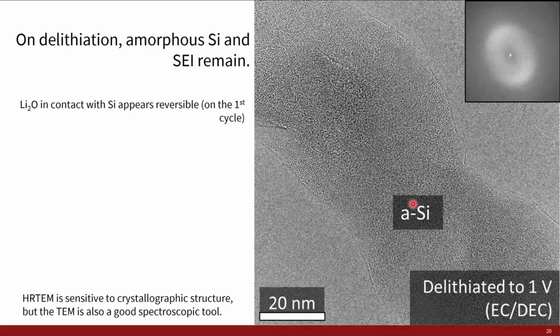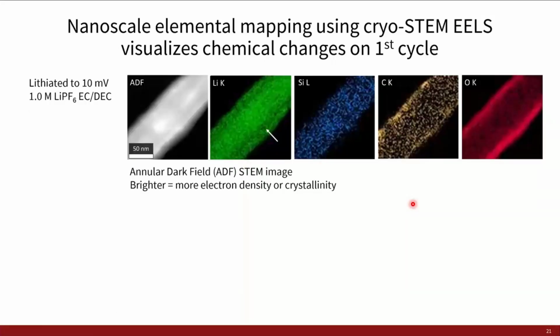But if we go back to the spectroscopic abilities within an analytical TEM, we can use techniques such as cryo-STEM EELS to gain more chemical information of the lithium silicide and its SEI. So going back to the fully charged sample, we can perform STEM EELS mapping, and what we see is that there is a lithium-rich core corresponding to lithium silicide, along with a lithium-rich outer shell corresponding to the SEI components.